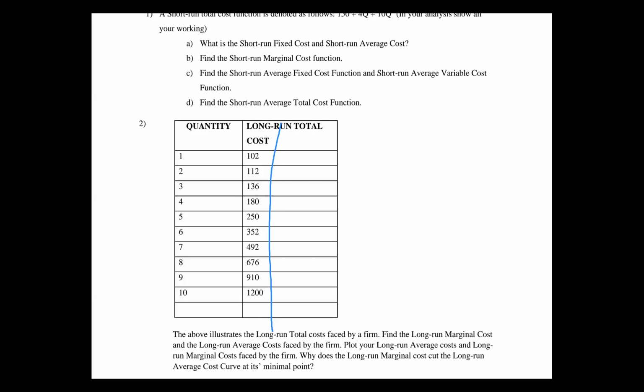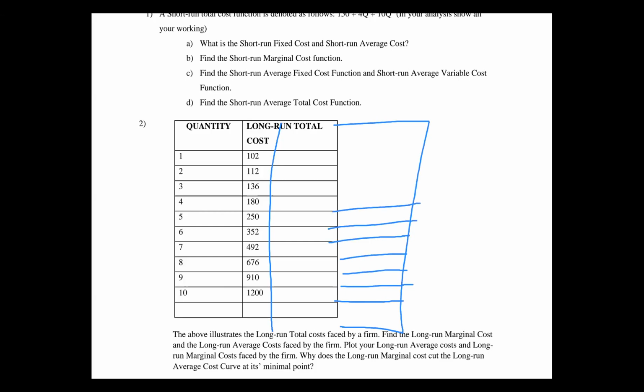So we want the marginal cost and the average cost of the same firm. So let's start with marginal cost, then we find the average cost.